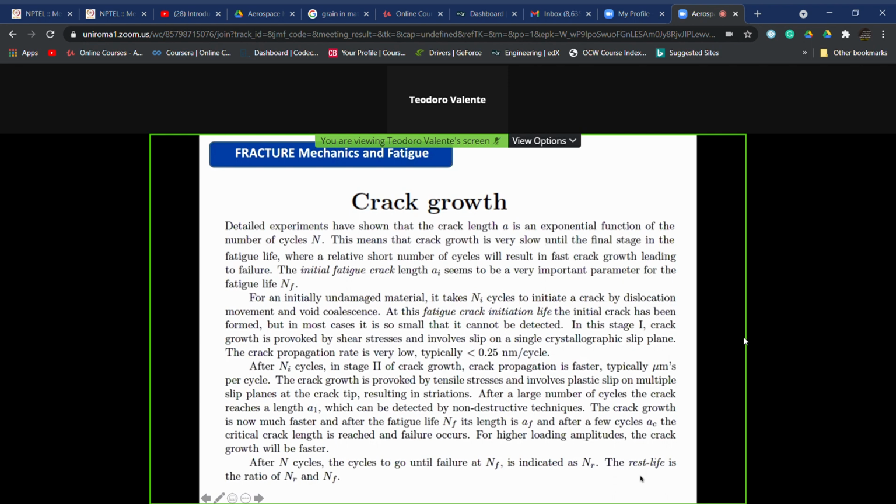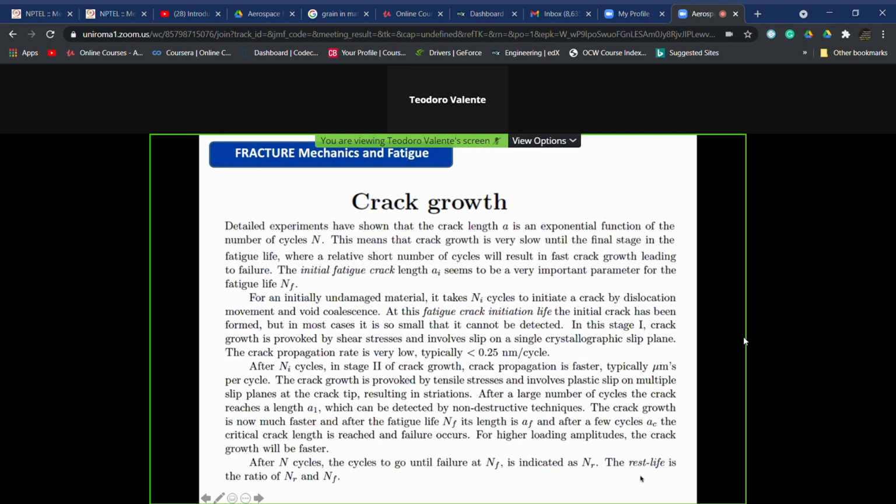The initial fatigue crack length, a_i, is a very important parameter for the whole fatigue life, which is usually denoted as a capital letter N with a subscript F, where F means failure.